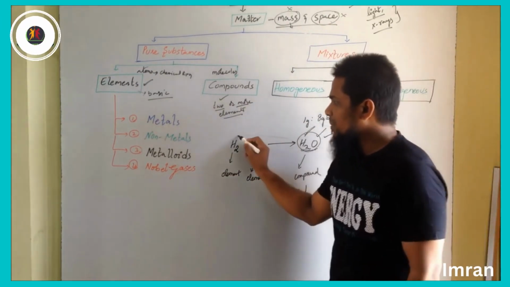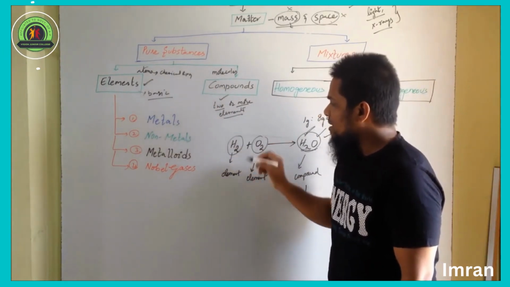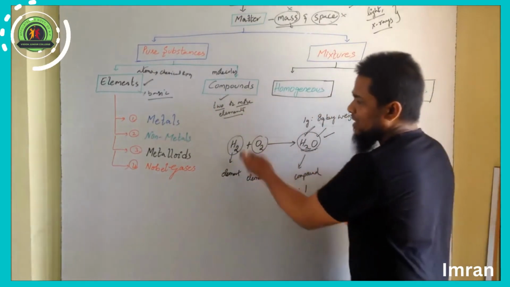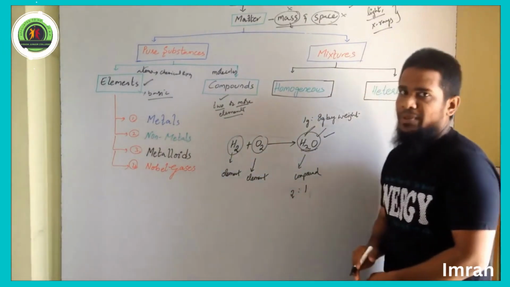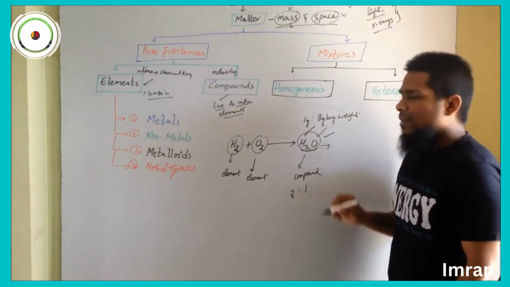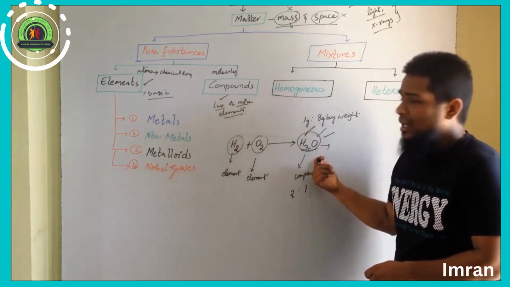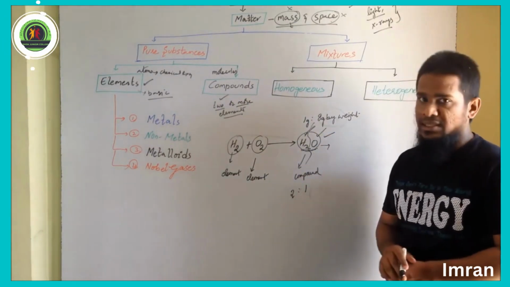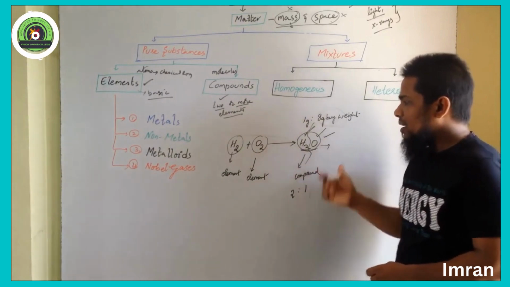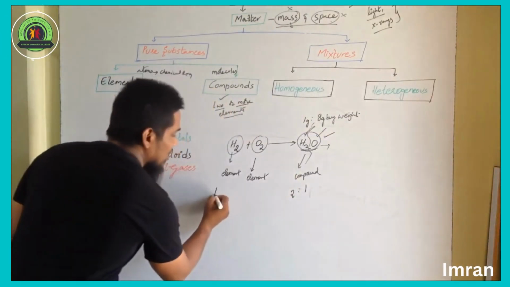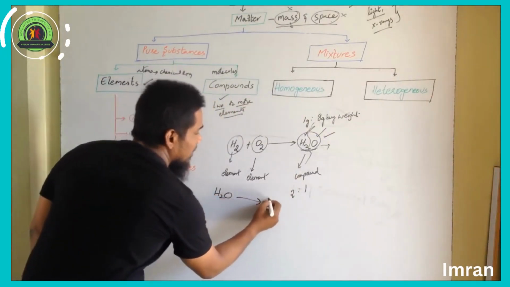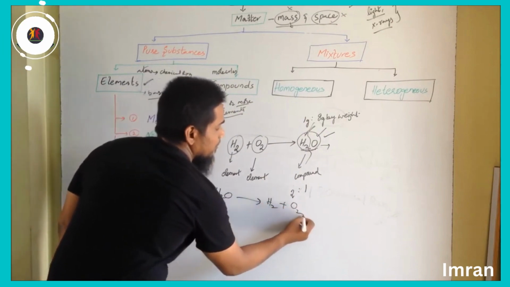If we observe the element hydrogen here, you cannot break this hydrogen further into a simpler form. If you have a doubt about whether a given substance is an element or a compound, try to break it down. If you carry out electrolysis on water, it can be broken down into hydrogen and oxygen.